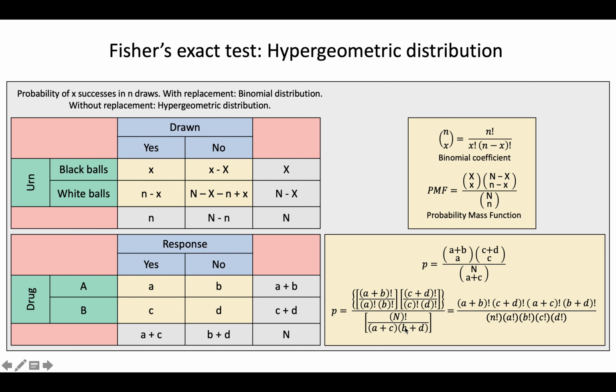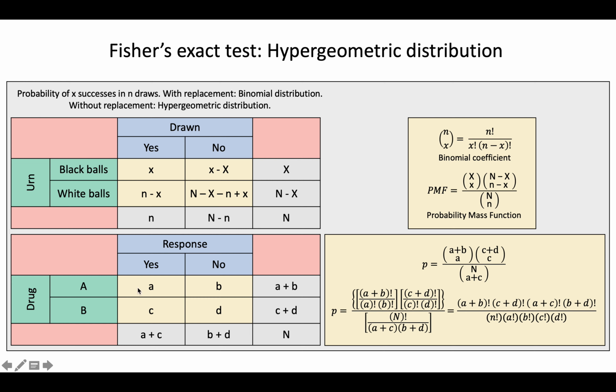So if you do this, it turns out that the equation for the calculation of the Fisher exact test is exactly this one, which is a plus b factorial.